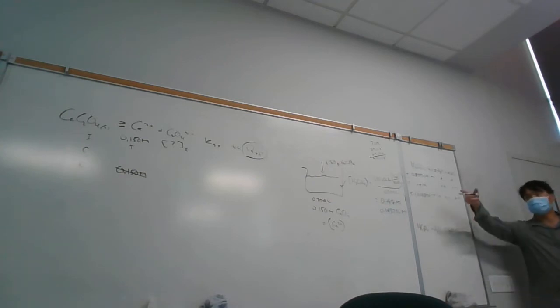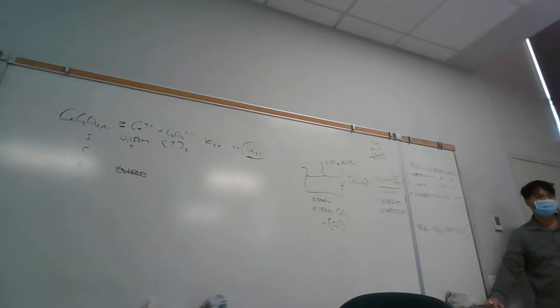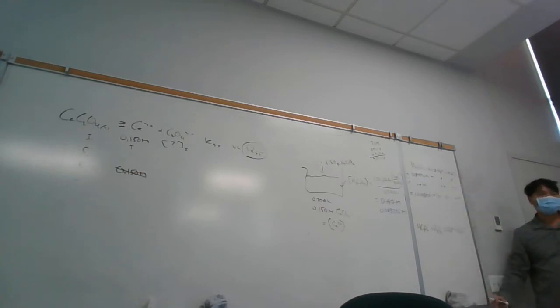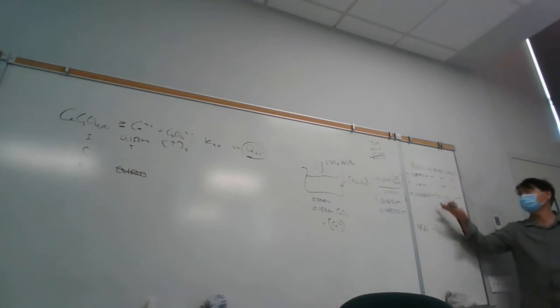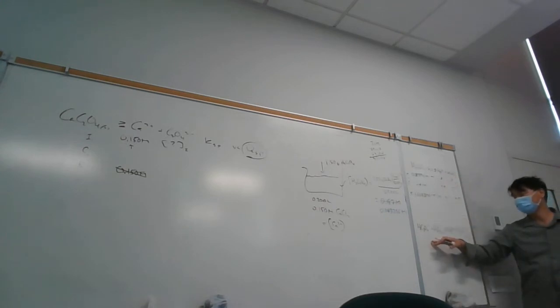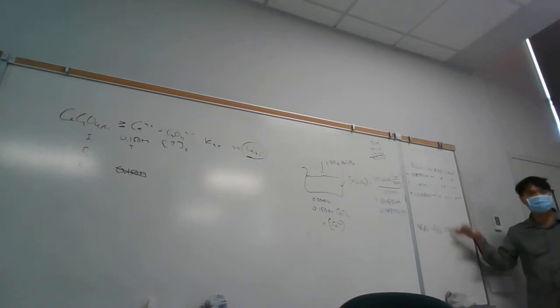The free oxalate is what I need, not the oxalate that's been bound to one or two hydrogens. In step one, I figure out how much hydrogen oxalate. In step two, I take that hydrogen oxalate and figure out how much free oxalate I have. And so this is a diprotic acid.